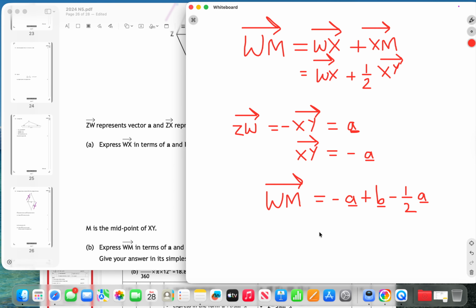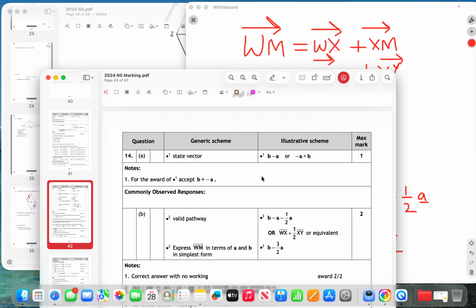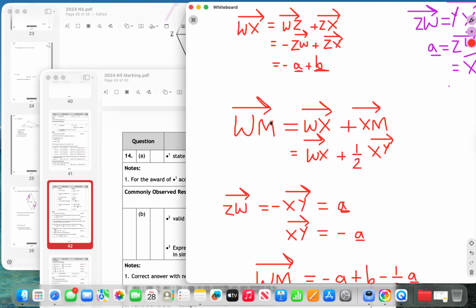So plus 1/2 of minus A is minus 1/2 A. Now collecting like terms, so if we treat the vectors as like terms, minus 1 minus 1/2, that's minus 3 over 2A plus B, and that's us done.